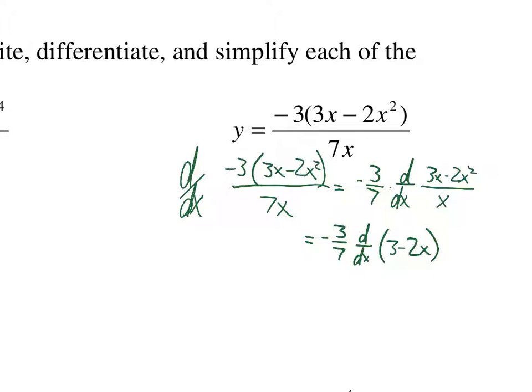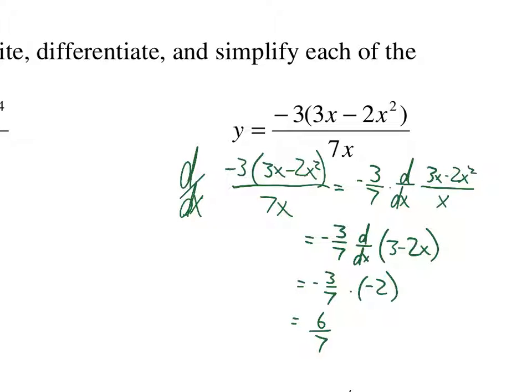You cancel out the common factor of x, and now the derivative of 3 minus 2x is pretty easy. It's negative 2. So I have negative 3/7 times negative 2, so 6/7 is the derivative.